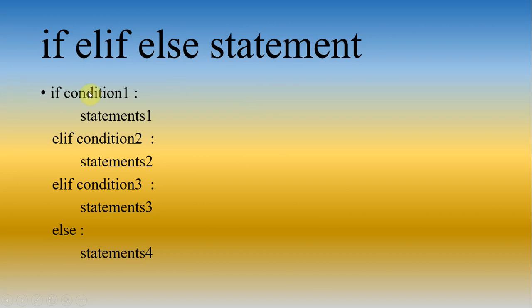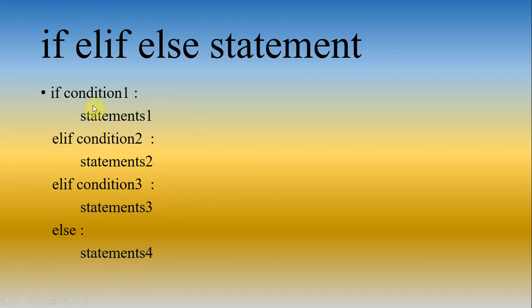If condition 1 is false, then we move on to the next one, elif, and we check a condition. If that is false, then we don't execute this. We move on to the next one. If even this is false, then we move on to else and print the statements inside else.